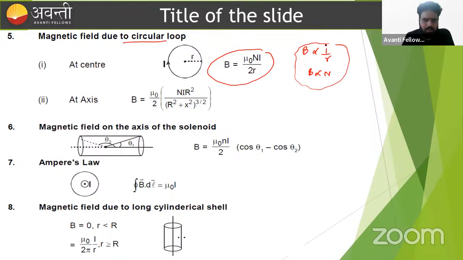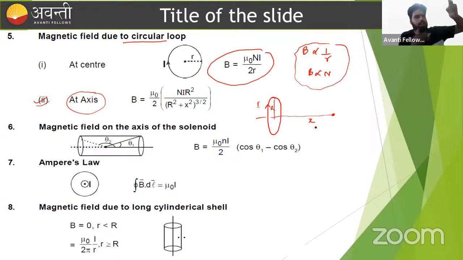Like a medicine, we can say. What is the magnetic field at the axis, beta? Suppose this is our coil having current I, and we want to find the magnetic field at some axial point x, and the coil has radius R, something like this situation.